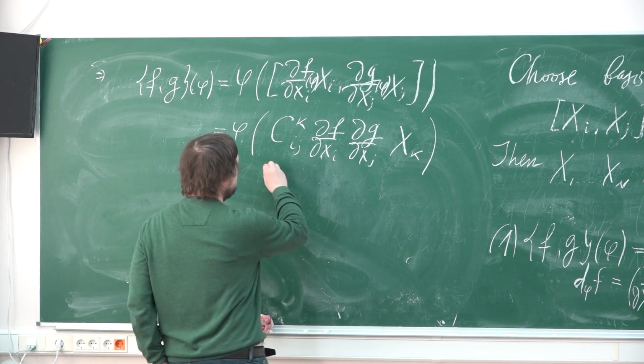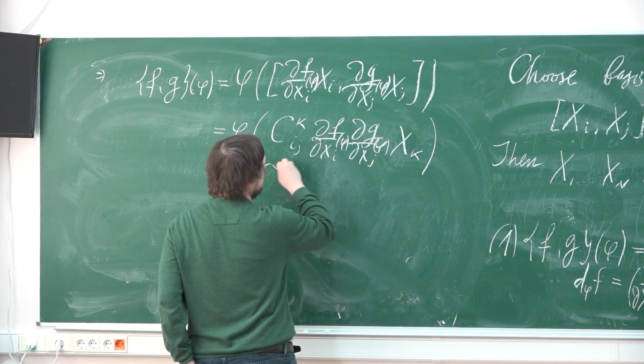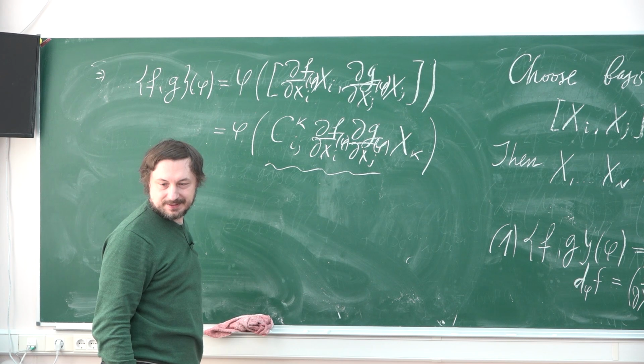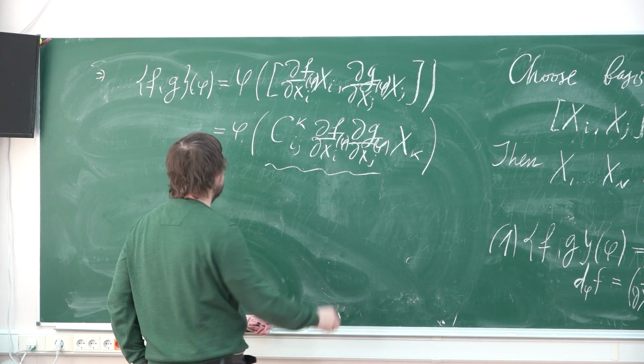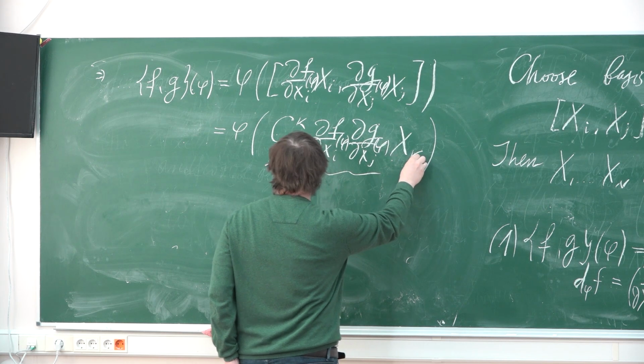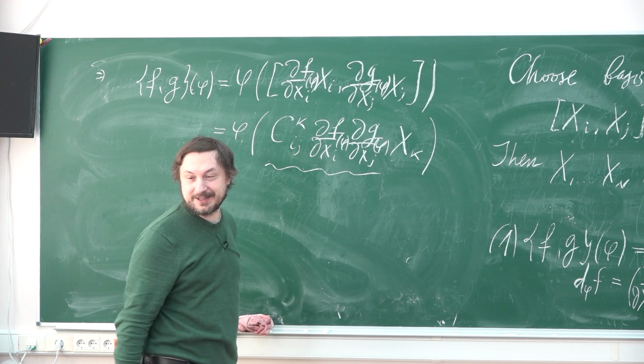Now, all these parts are just some coefficients. They're just numbers. But when we apply phi to a vector xk, we obtain just the kth coordinate of phi, nothing else.